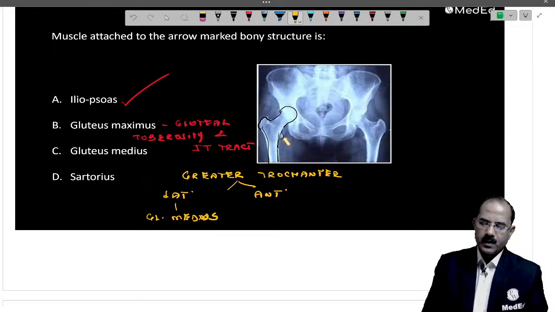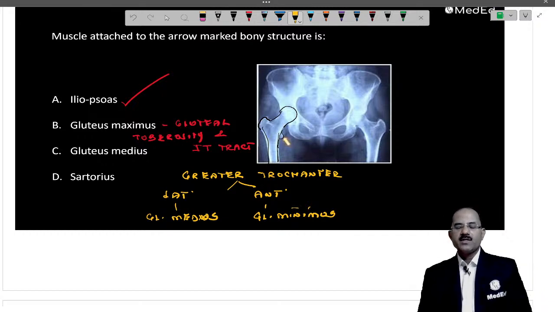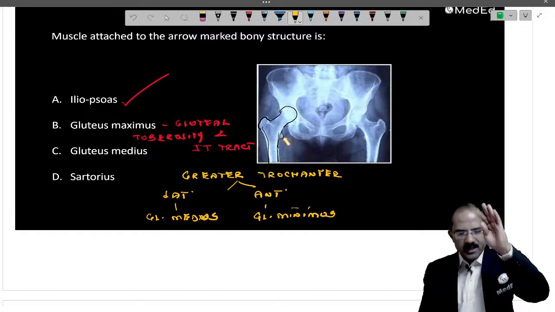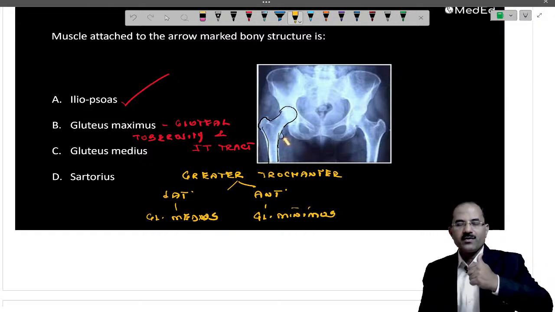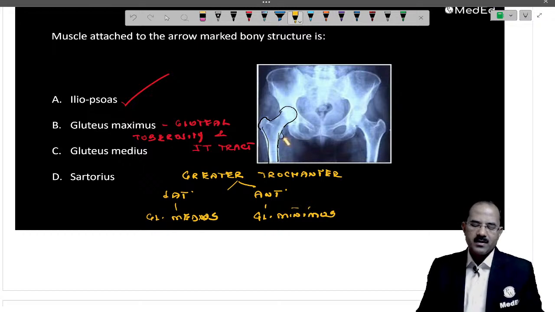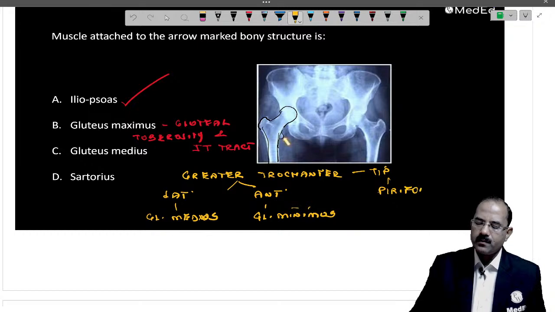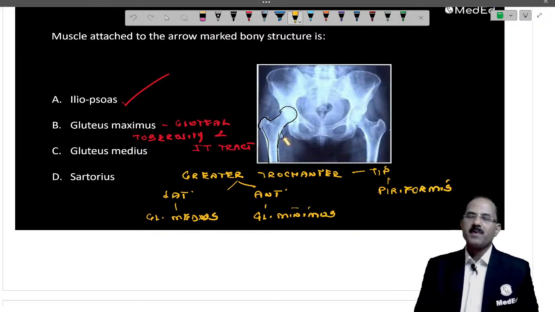On the lateral side of the greater trochanter is gluteus medius. On the anterior aspect is gluteus minimus. And what is attached to the tip of the greater trochanter? Piriformis.